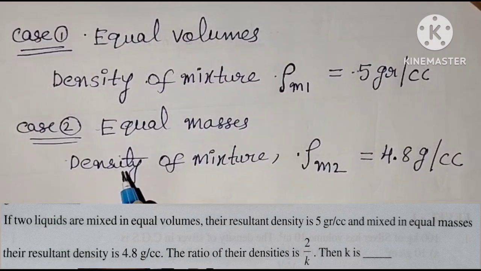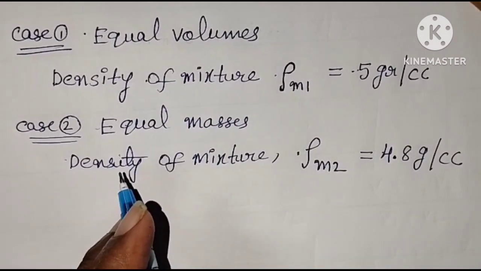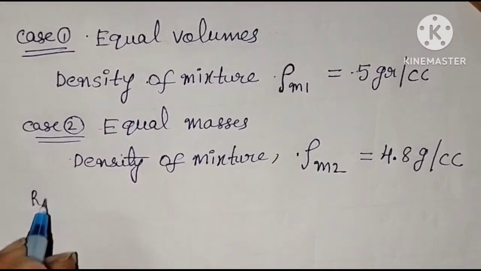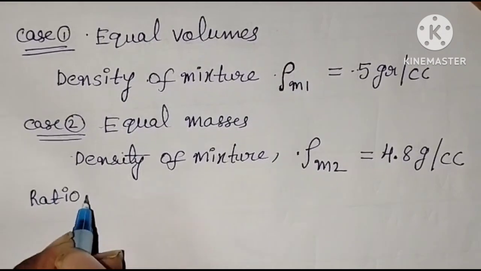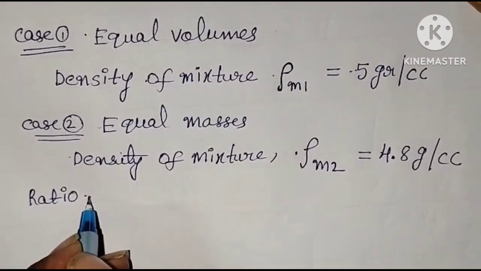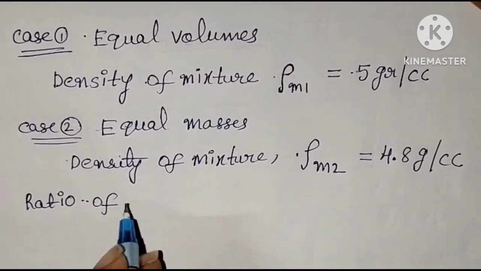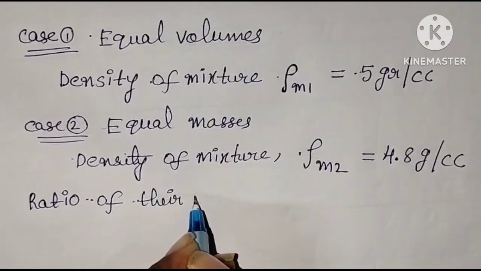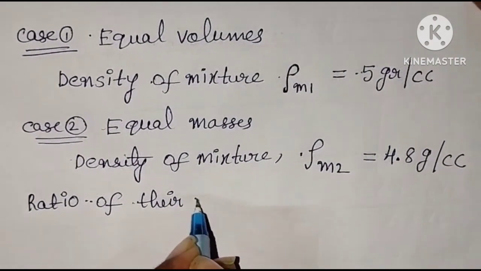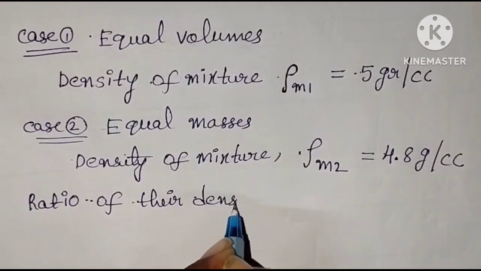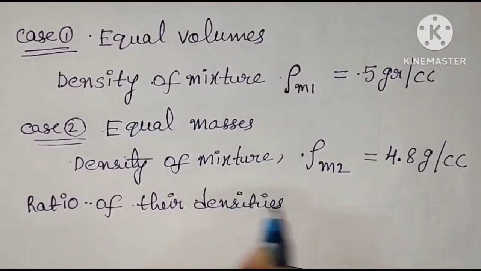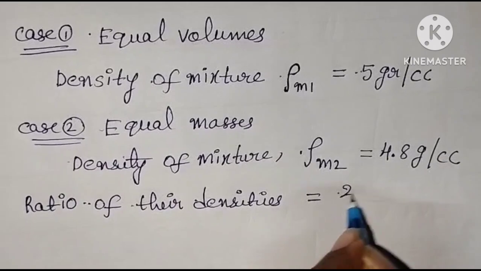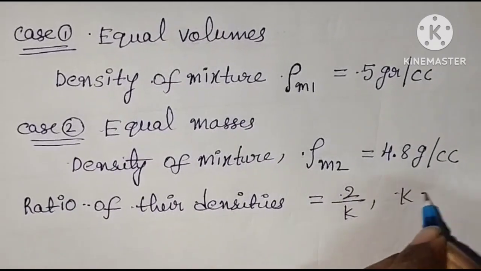The ratio of their densities is 2 by k. So the ratio of the two liquids' densities is equal to 2 by k, then k is equal to?